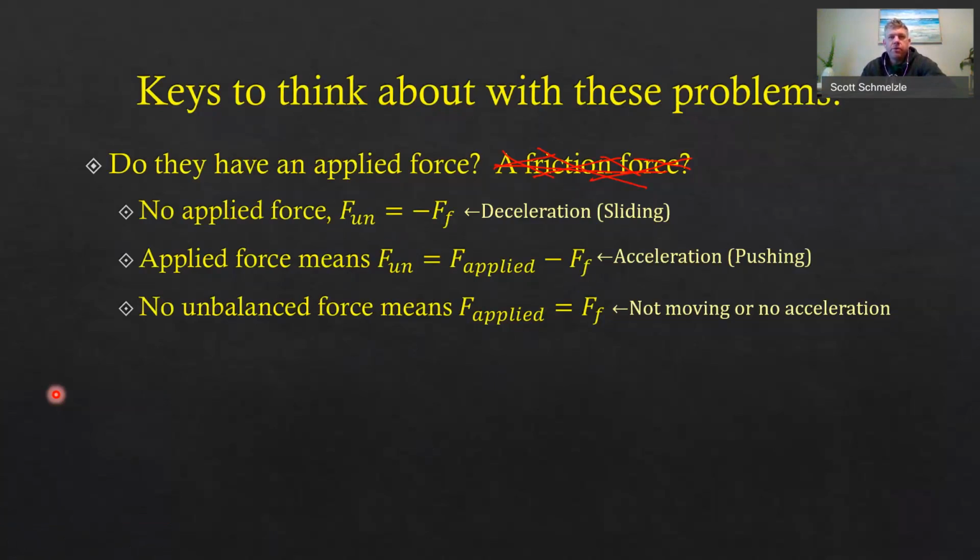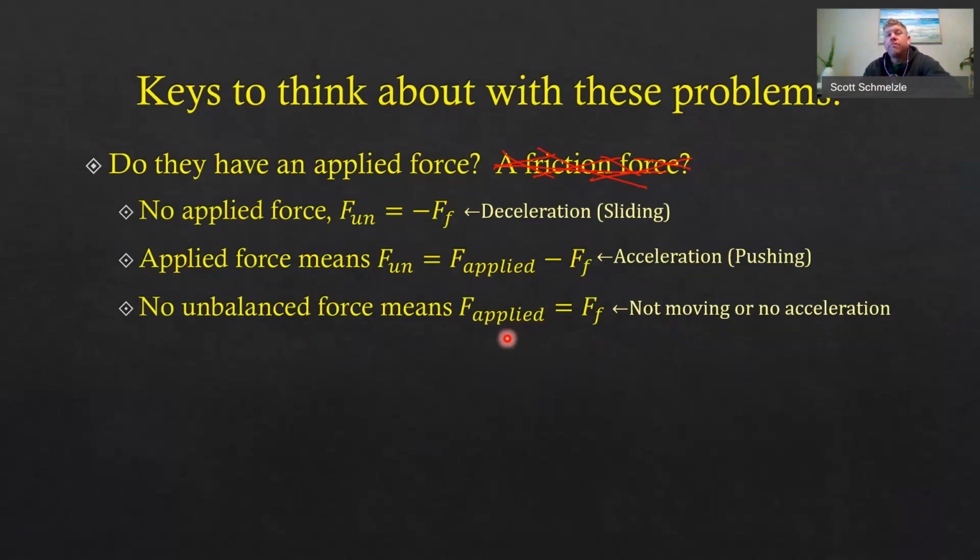That becomes an important one for us. When we accelerate, when we push, the difference is we may give you a force of friction or something along those lines. No unbalanced forces means our force applied is equal to our force of friction. Are we just barely getting it to move, or moving it at a constant rate of speed?